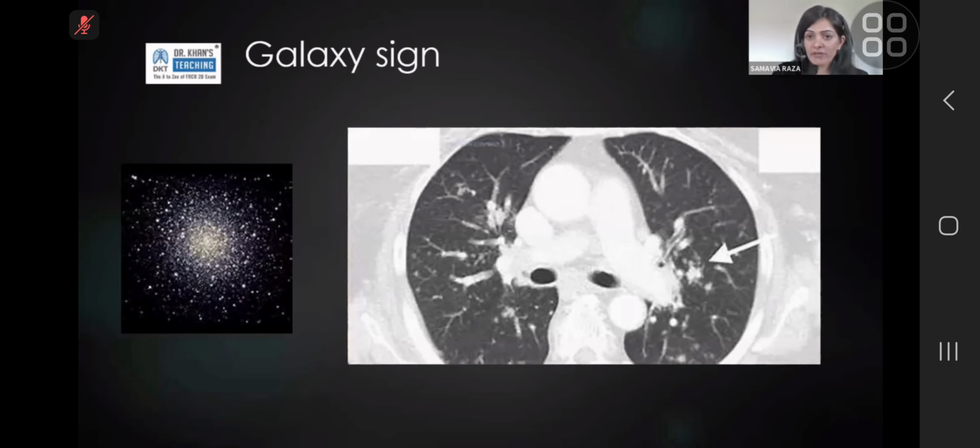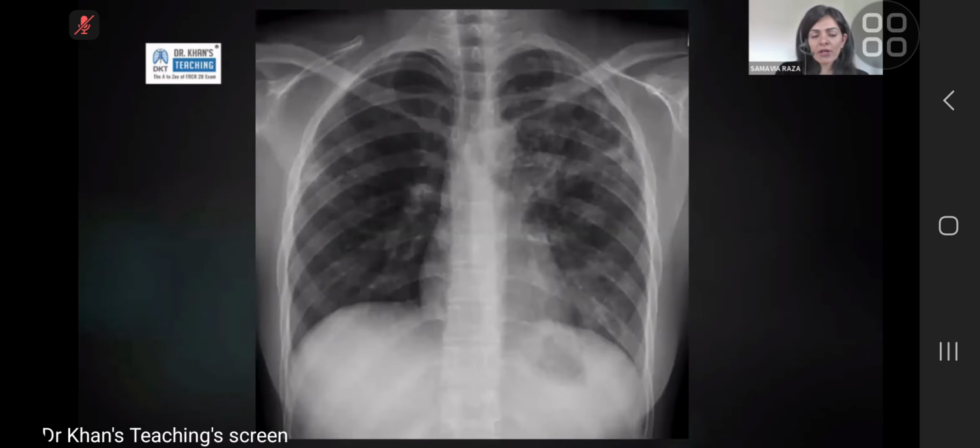It is not specific for tuberculosis. And when we say coalescence of nodules or suspicious of granulomas, that implies another disease as well. And that's quite common as well, and that's sarcoidosis. So not a specific sign for tuberculosis, but a very classical and historical sign.